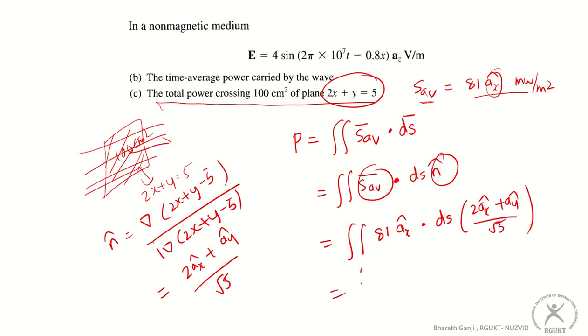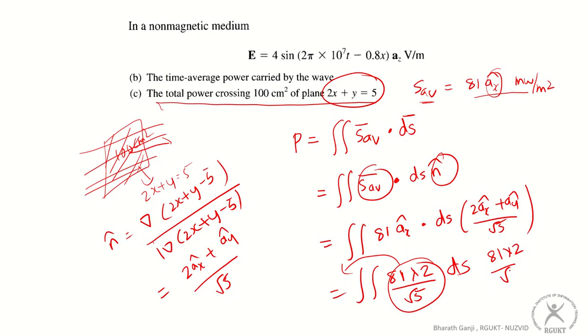If I do the dot product, I get an answer like 81 into 2 divided by root 5 into ds. Because this is a constant, you can bring this outside. So this becomes 81 into 2 divided by root 5 into the integral of ds, which is nothing but the area of the surface, which is given as 100 centimeter square.